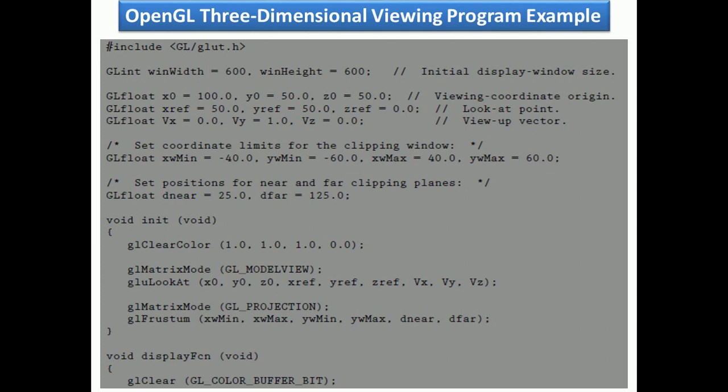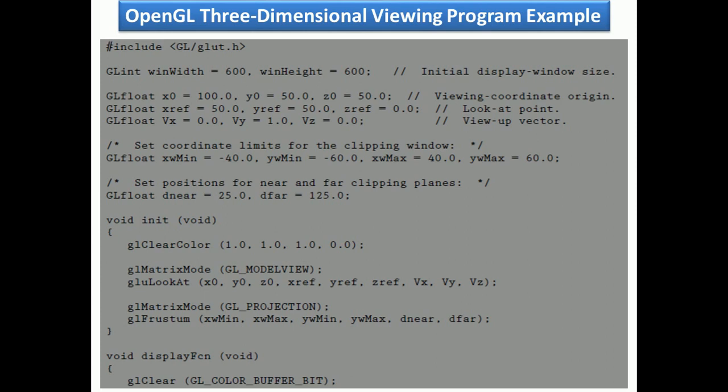In this program, some of the parameters are initialized here, that is GLint data type: winWidth equal to 600, winHeight equal to 600. These are the initial display window size. Then the other parameters, of type GLfloat, that is x0, y0, z0. These parameters are initialized for the viewing coordinate origin.